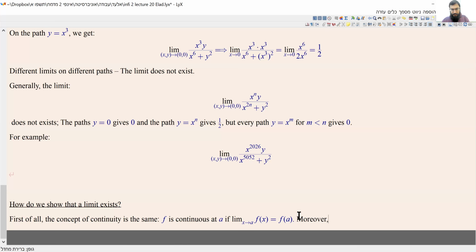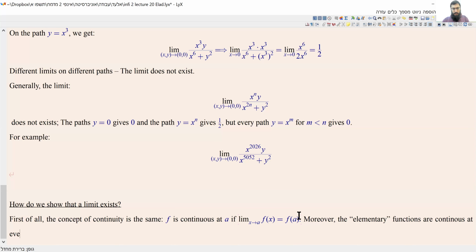Moreover, just like in single variable calculus, the elementary functions are continuous at every point they are defined at.